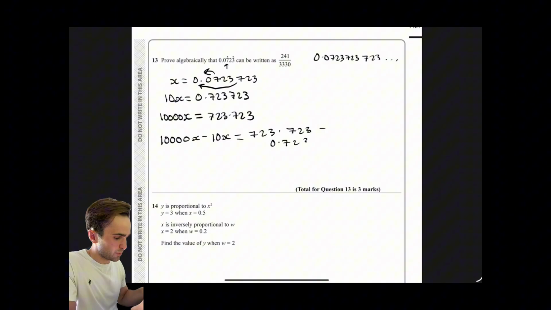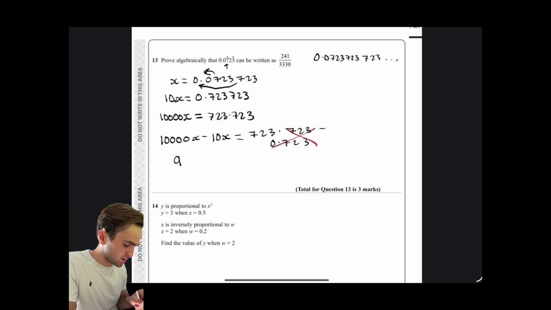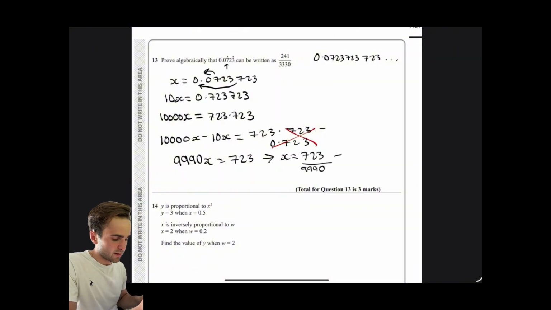So it should be a bit clearer. But now the decimals after this are going to cancel out. So we get 9,990x equals 723. So x equals 723 over 9,990. And that simplifies to our answer, 241 over 3,330.